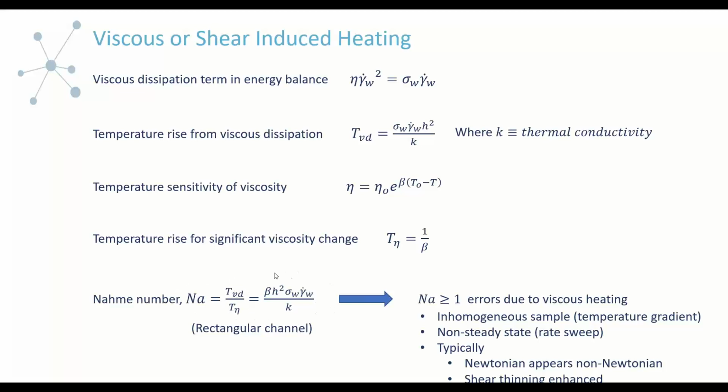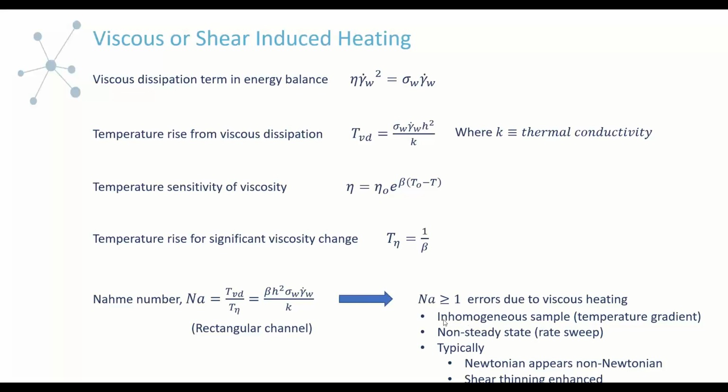And again, it has fluid properties, and also properties of our flow configuration and our experimental output. So what we find is that when this particular value is greater than or equal to 1, you should be on the lookout for errors due to viscous heating.